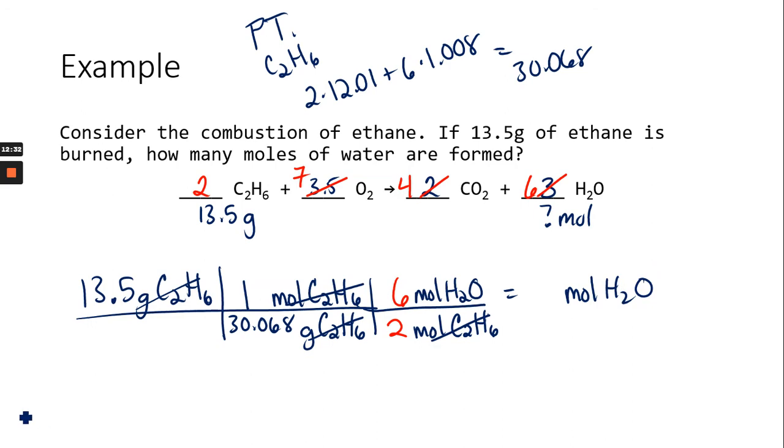So now we can take our calculator, 13.5 times 1 divided by 30.068 times 6 divided by 2. We want 3 significant figures, so our answer is 1.35 moles.